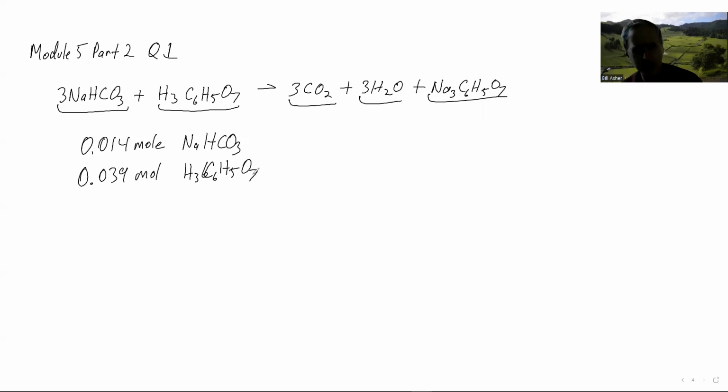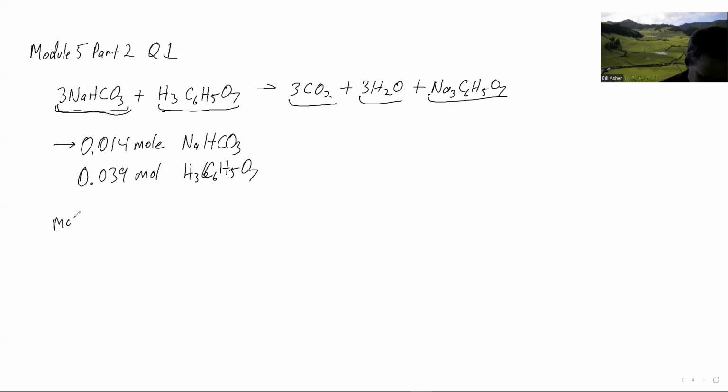Okay. And it asks us which is the limiting reagent, which is the excess reagent. Well, the stoichiometric ratio between bicarbonate and citric acid is that you need 3 times as much bicarbonate as citric acid. So let's take a look at how much citric acid we're going to need to react with that much bicarbonate.